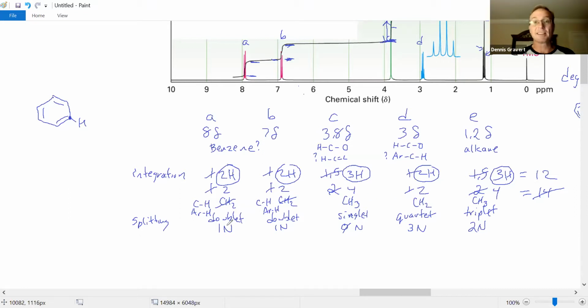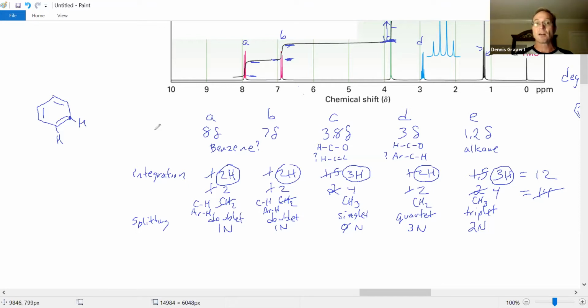Let's look at splitting. So splitting, we want to crisscross. So this one's neighbor should crisscross. Does it make sense that maybe on benzene there would be a neighbor? Yeah. In fact, how many total hydrogens are on benzene? Well, there's a peak A and a peak B, and peak A has two H's and peak B has two H's. And that's it. The only hydrogens on benzene are between 7 and 8.